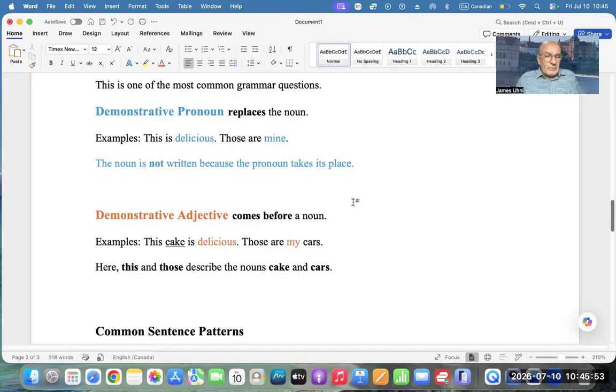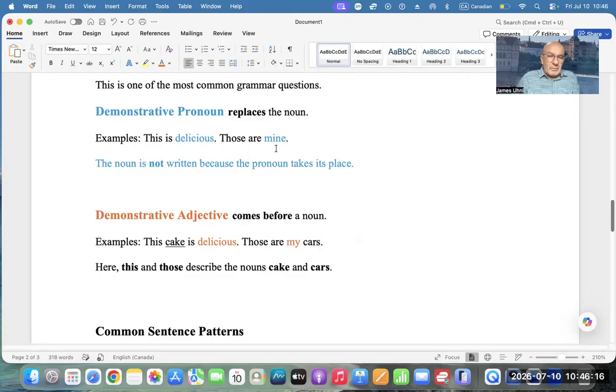So if I say this cake is delicious or this is delicious, those are mine, those are my cars. Now we have to play with the grammar of pronouns.